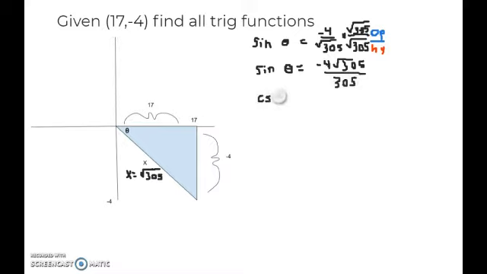And the reciprocal of sine is cosecant, and cosecant of theta would be the hypotenuse over opposite rather than opposite over hypotenuse. So make sure you use the original one that you started with, and you get square root of 305 over -4.